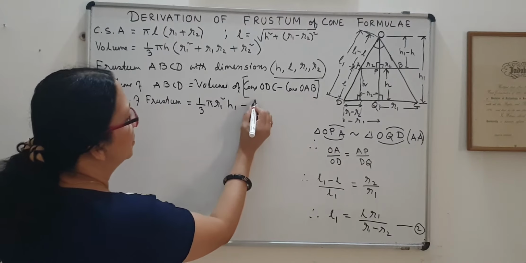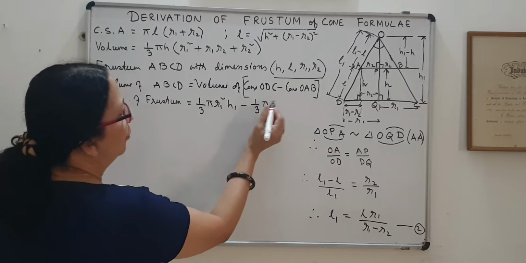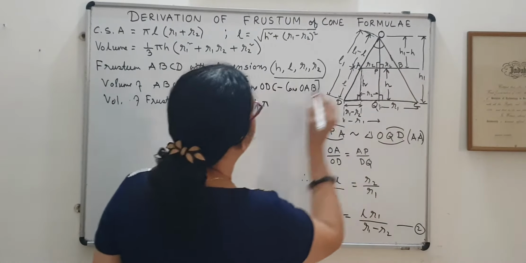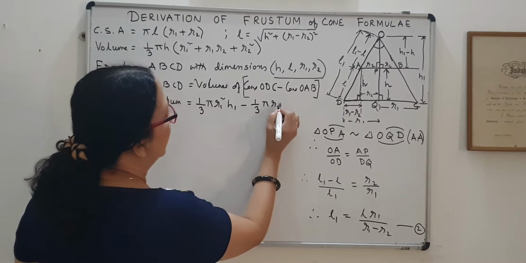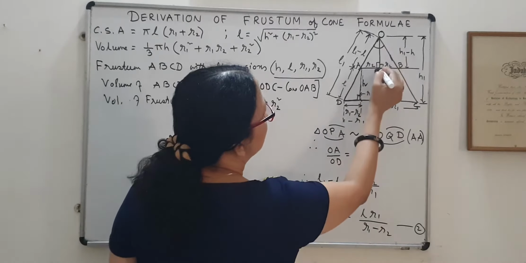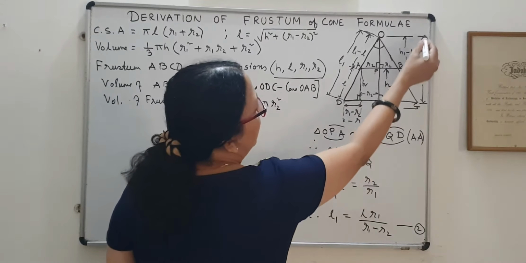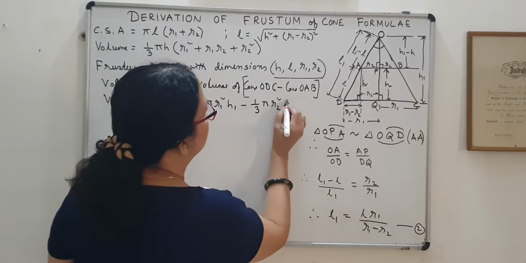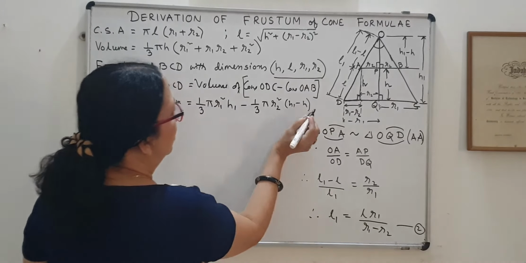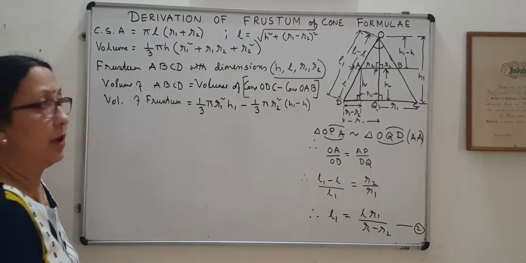So this minus 1/3 pi for the smaller cone. R2 is the radius, so pi R2 square, and the height of the smaller cone will be H1 minus H. H1 is this and H, so H1 minus H. So put the formula of cone.